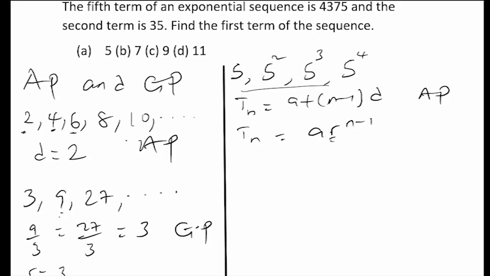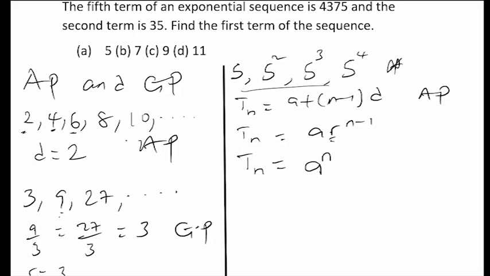Now, for exponential sequence, we don't actually have a general notation, but from what I just explained, we know that the base will be the same. It's just that the power will be different. So we can say that the nth term of an exponential sequence can be something like a raised to the power n, where a is the common base.